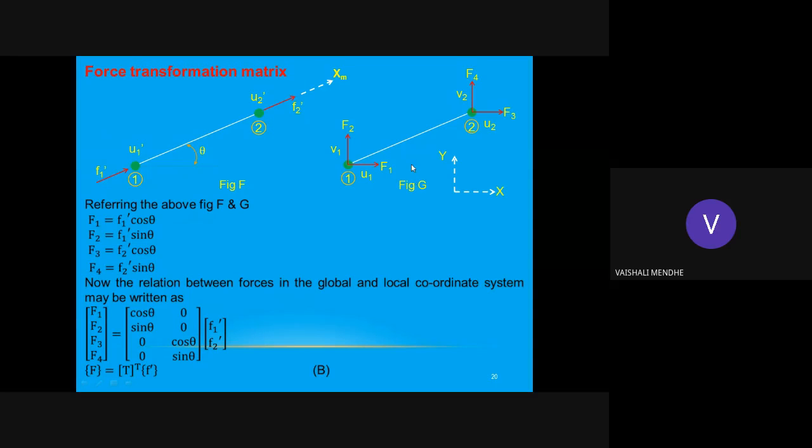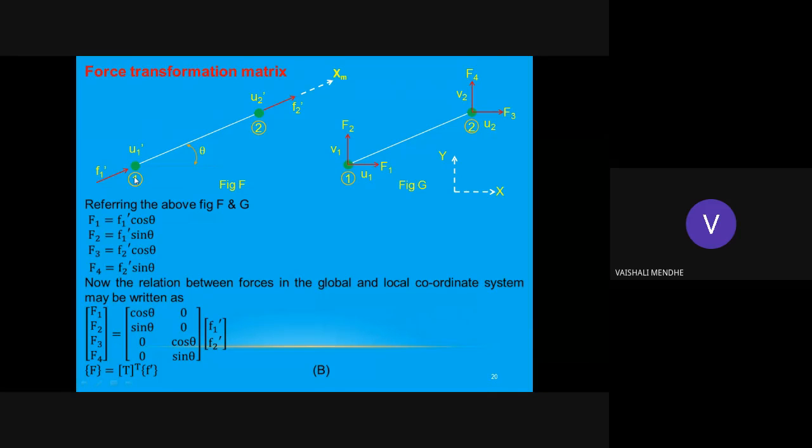So we are writing F1 in terms of the local force with the help of the direction cosine. F1' cos theta is nothing but the component of F1' along x, which is F1, and F1' sin theta is the component of F1' along y direction, which is F2.